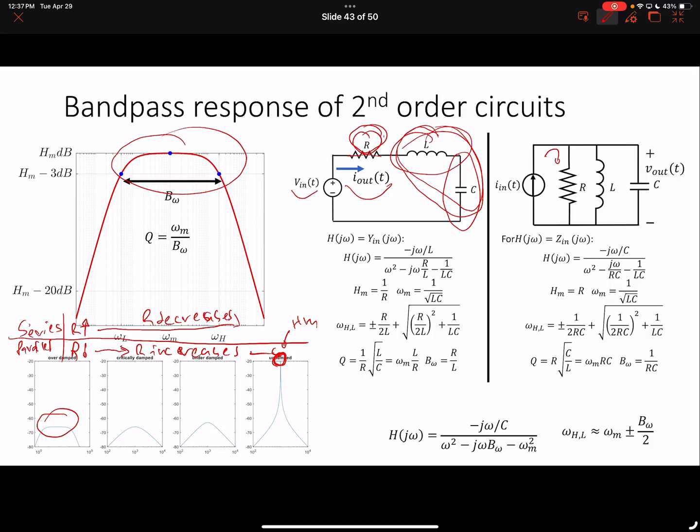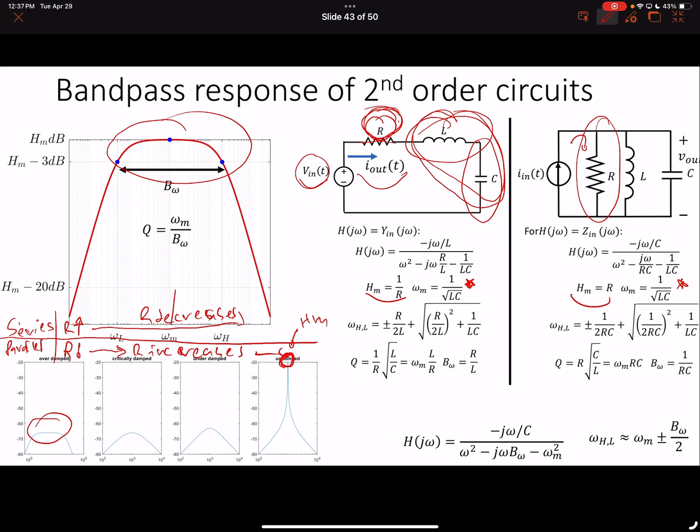And so all that the source sees is the resistance, 1 over R. Same thing here, the maximum voltage you can get is I in times R. So HM for this circuit is 1 over R, and HM for this circuit is R. And both of them have a maximum at the frequency 1 over the square root of LC.